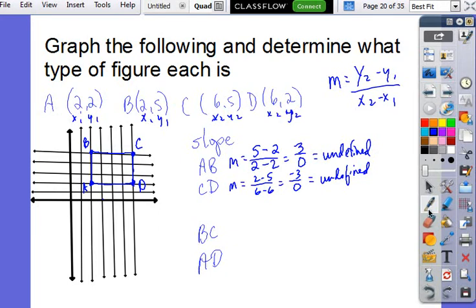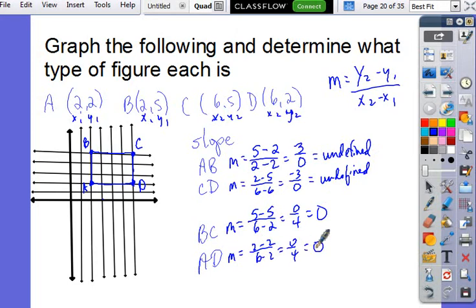So for BC, tell me the numbers. 5 minus 5 over 6 minus 2. I get 0 over 4, which is 0. Come down to AD, same process. Tell me the numbers. AD, 2 minus 2, 6 minus 2, 0 over 4 is 0.